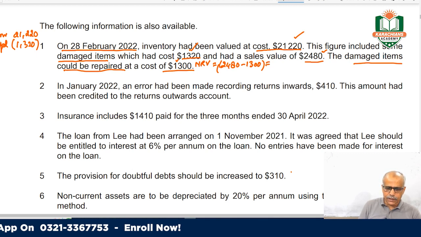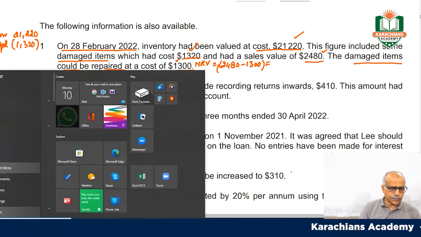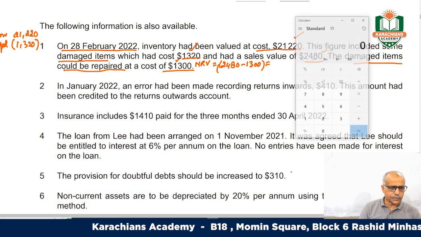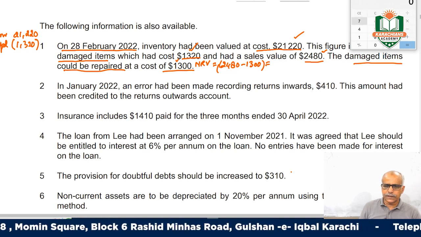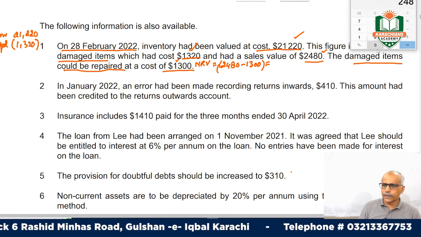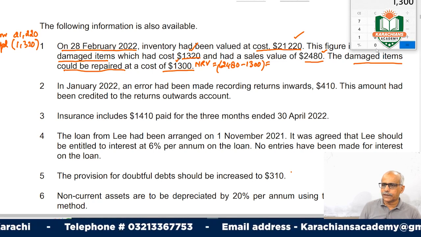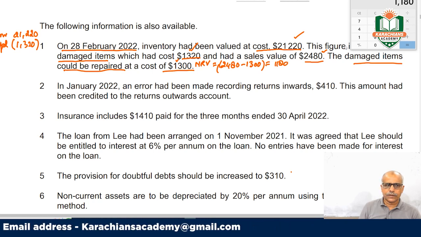So how much does it come to? Let me open up the calculator. So 2480 minus 1300, your NRV is 1180, right?